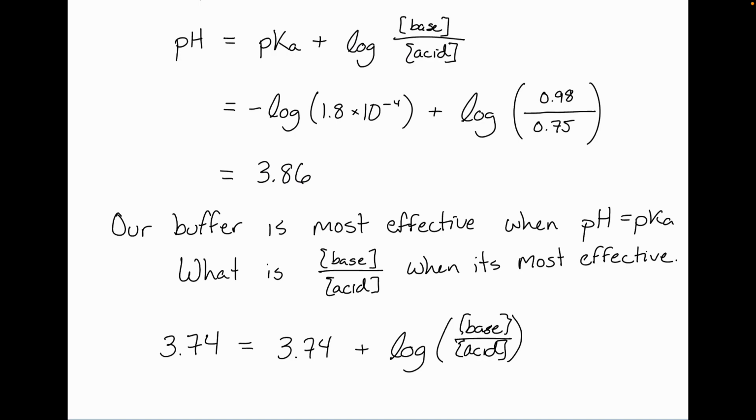What am I going to do next? I'm going to solve, right? What am I solving for? This is my variable here. I need to get that all by itself. So what am I going to do first? I'm going to move that 3.74 over. Since it's addition, I got to subtract it from both sides.